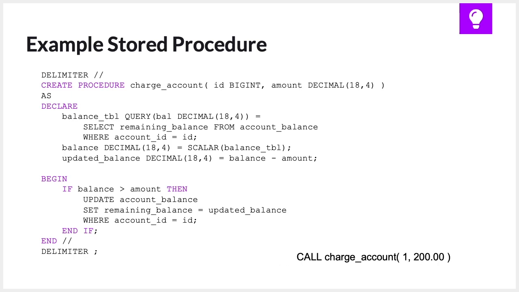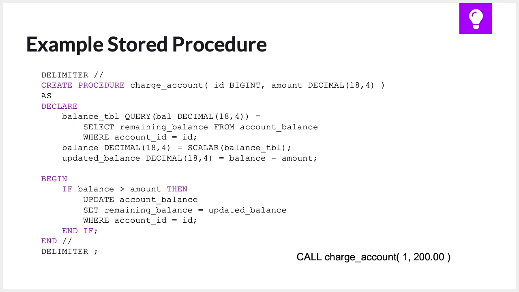So here is an example stored procedure where we are charging a bank account with some variable amount. So we can see in the declare block that we define a few variables. First, we define a variable called balance table that will be of type query and will hold the following select statement, which, as you can see, retrieves the remaining balance of this particular user's account.